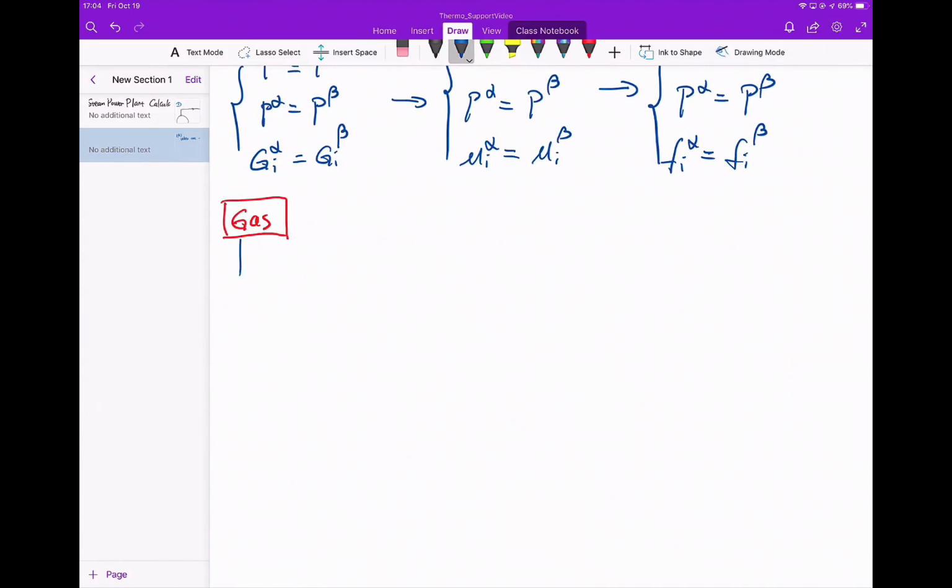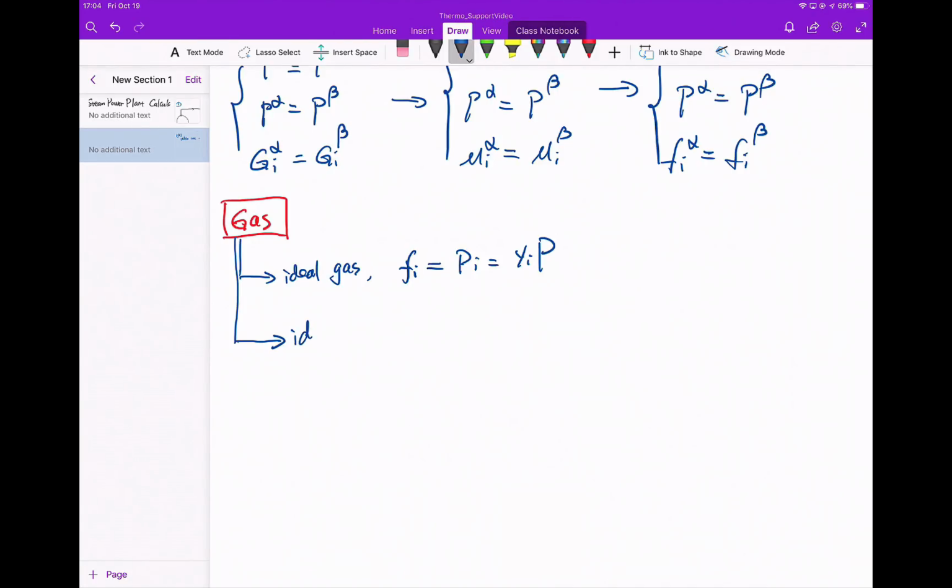One is ideal gas, which is straightforward: fi will be Pi, which is Yi P. The second is it's not ideal gas, but molecules are similar to each other.